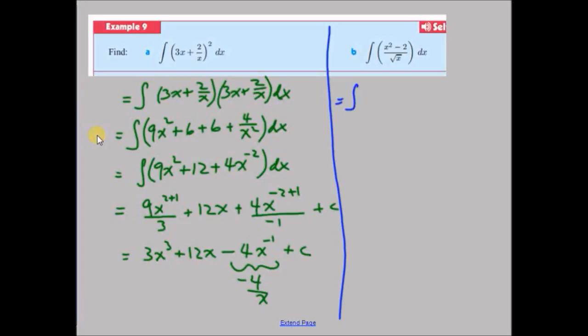And secondly, we could write this as x squared over root of x, subtract 2 over root of x dx. Okay, so in integration, there is no product rule or quotient rule, so we need to look after those before we integrate.